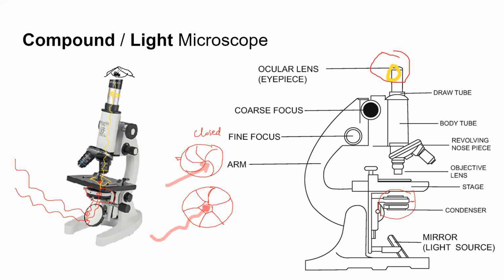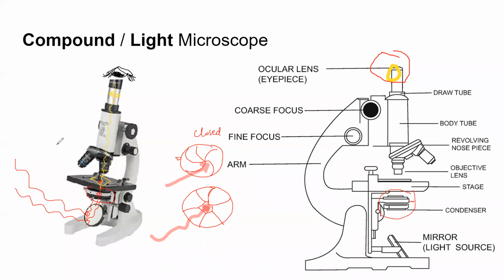Sorry for a horrible diagram, but please don't think this is a ghost's eye. This is a human eye. Okay, so this is your eye, and here you are going to see the image.